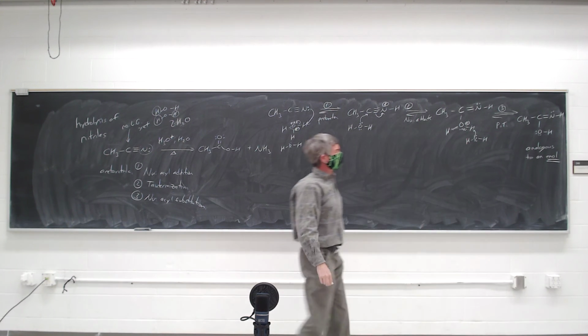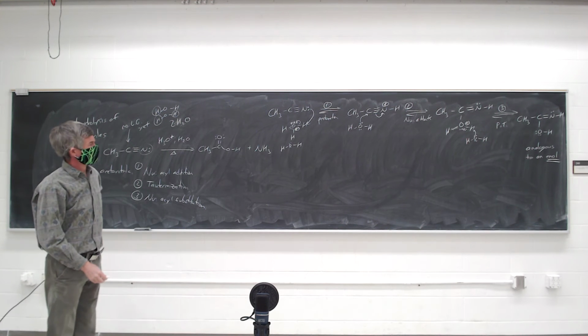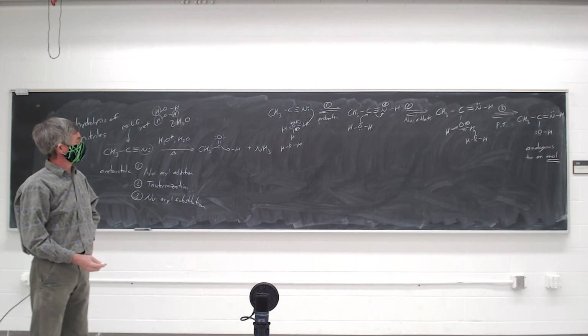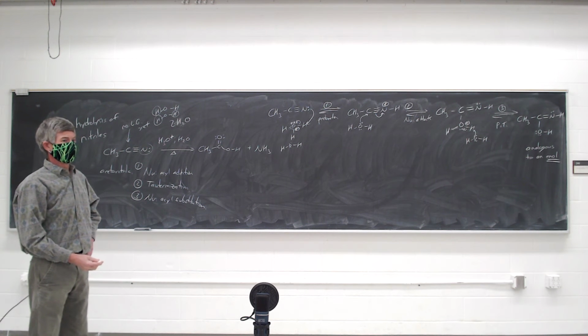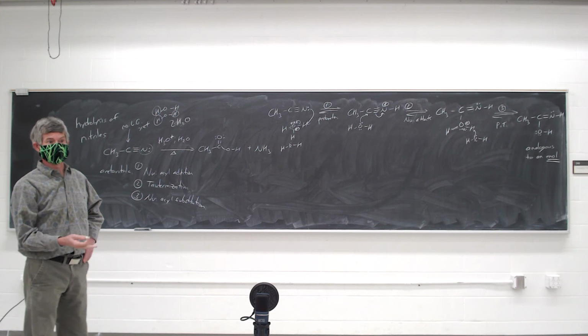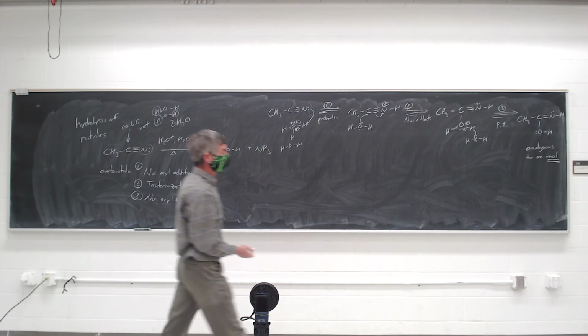And what we've generated is kind of like an enol, right? It's not an enol because that's not a carbon-carbon double bond, it's a carbon-nitrogen double bond. But it's a lot like an enol. And we know that enols are unstable. When we have an OH group on a carbon-carbon double bond, that's not stable.